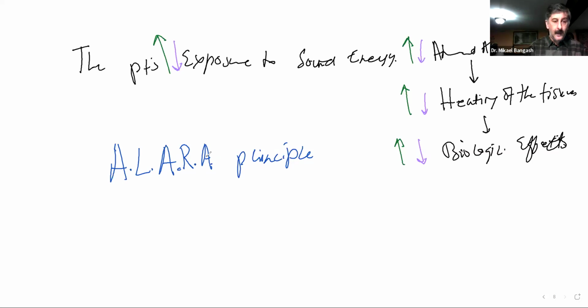And what it stands for is as low as reasonable achievable.